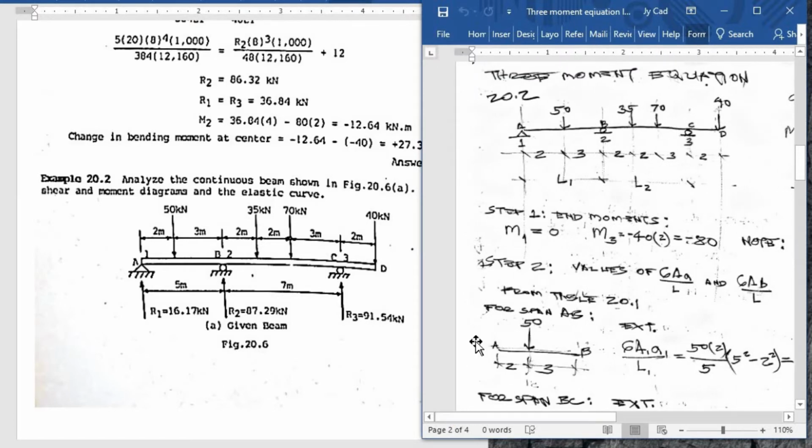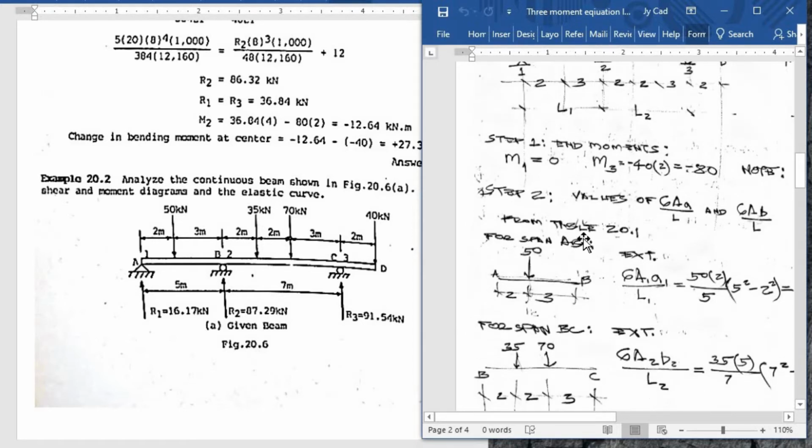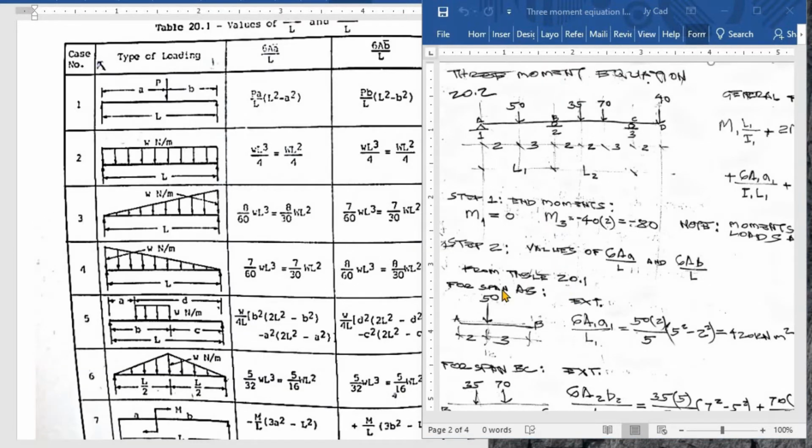And then for step 2, determine the values of 6a small a all over L and 6ab all over L. And then meron tayong table 20.1. So let's look at span AB.